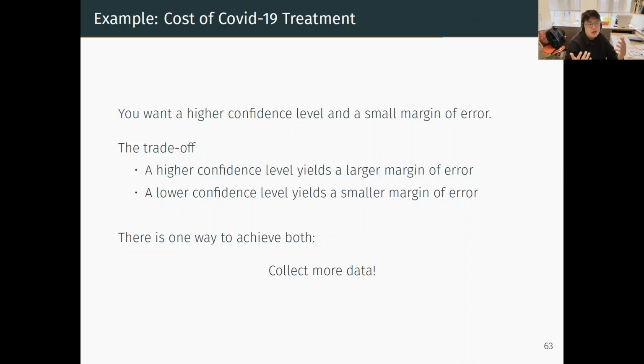Then you can achieve both if you carefully design your experiment. That is called experiment design, literally, and it is actually used in many surveys and experiments. So let me briefly introduce how to handle that.